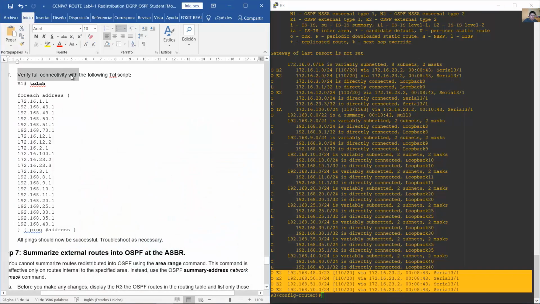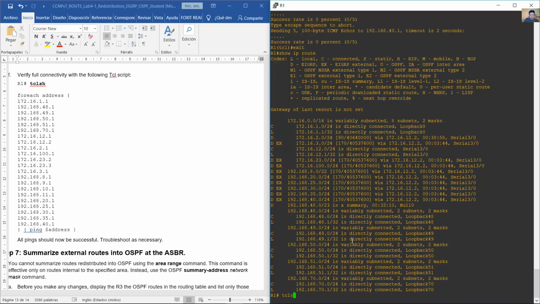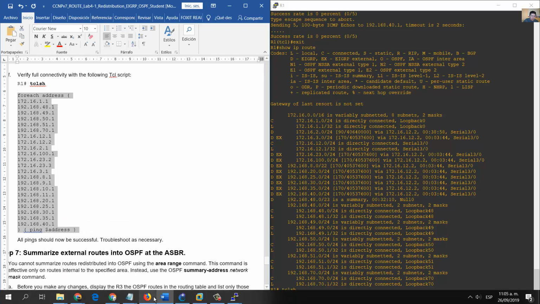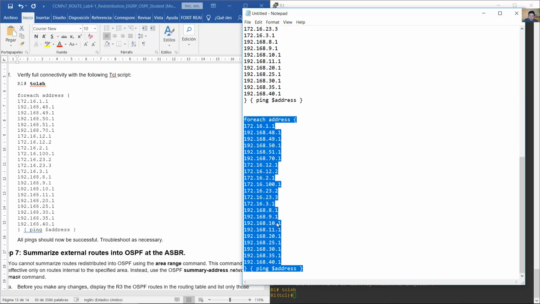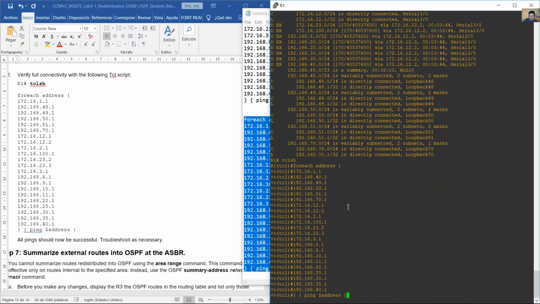Verify full connectivity from R1 in the TCL shell and verify with this script. Apply this on R1: right click to paste, enter.